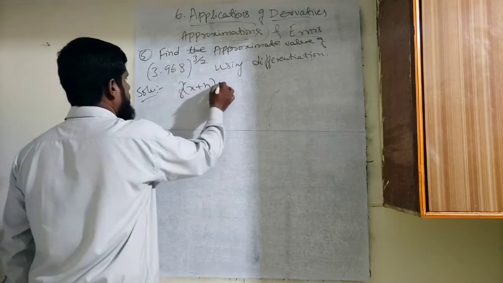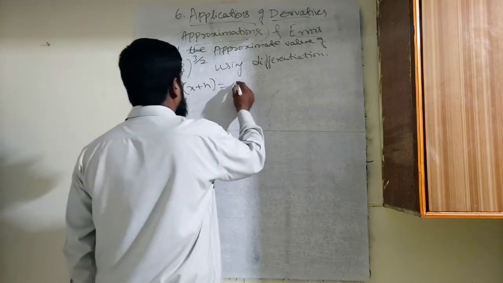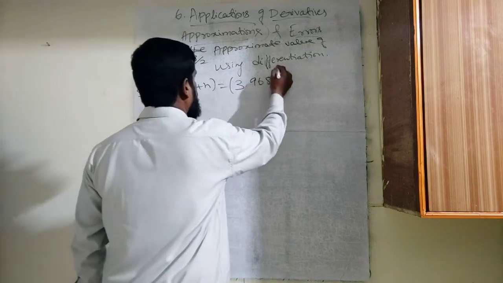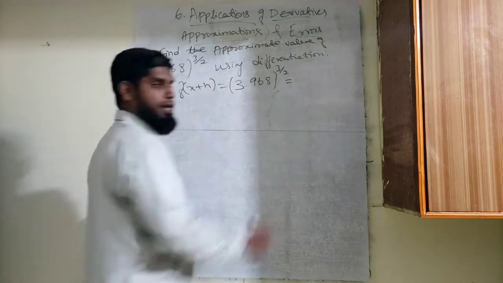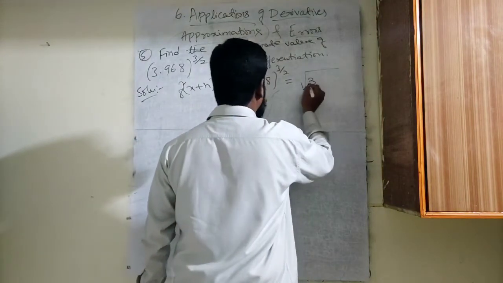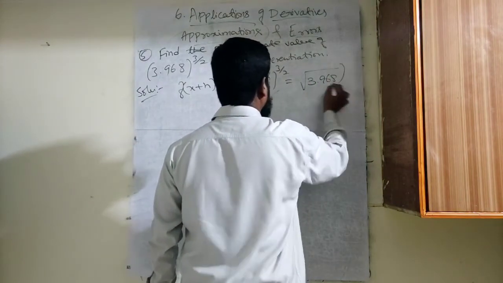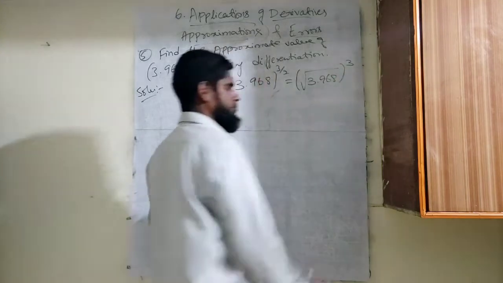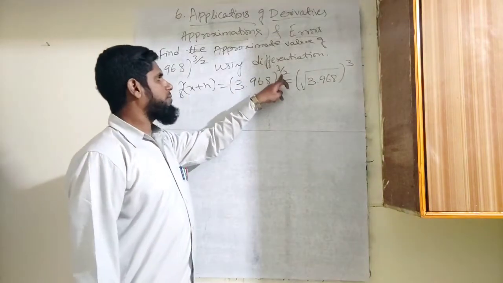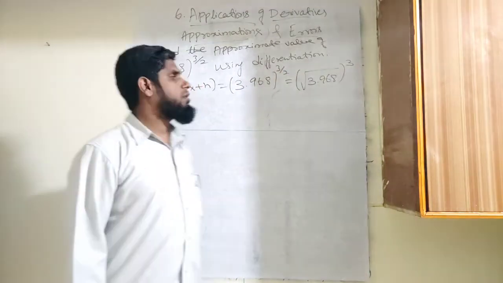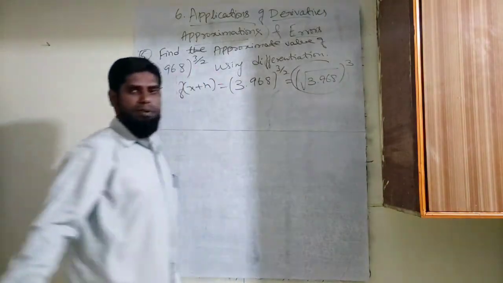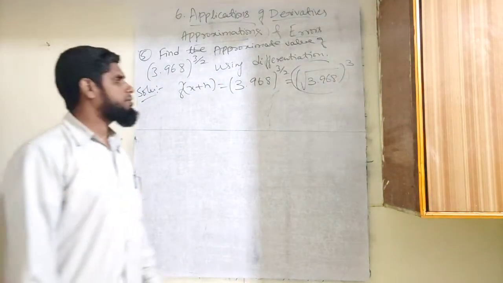f of x plus h is equal to 3.968 whole power 3 by 2, or this can also be written as square root of 3.968 whole power 3. Indices 3 by 2 can be written as 1 by 2 whole cube. The nearest exact root of this number is obviously 4.